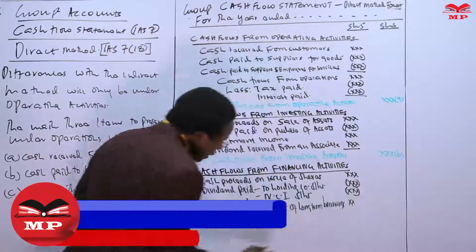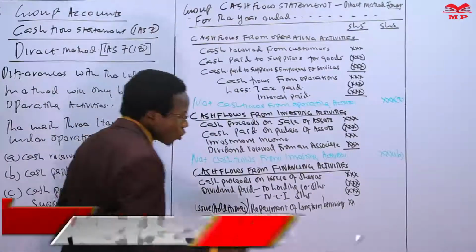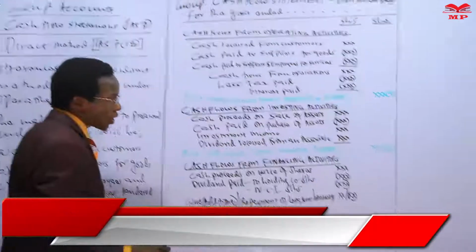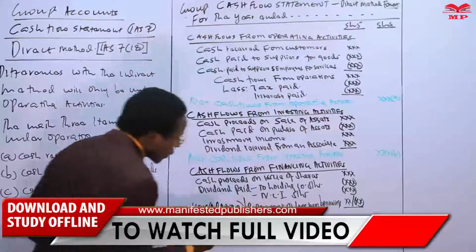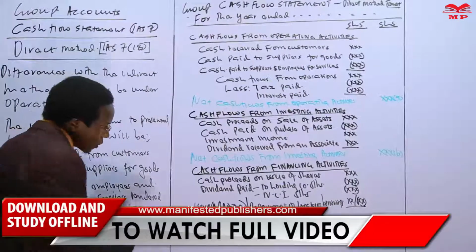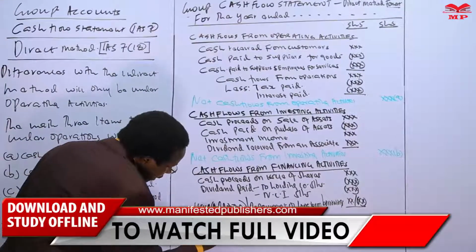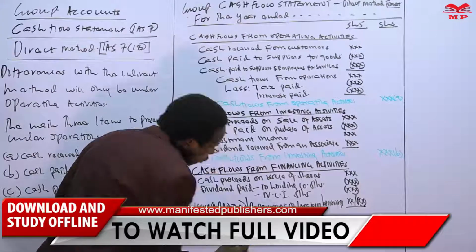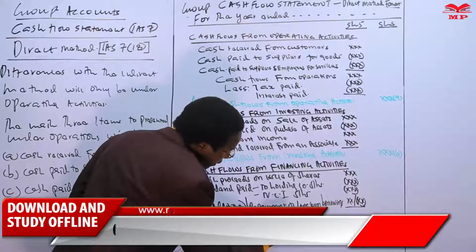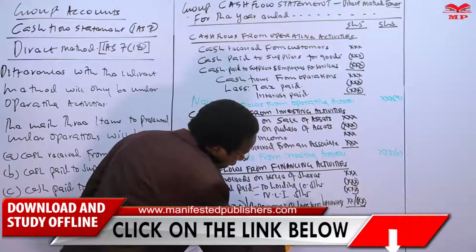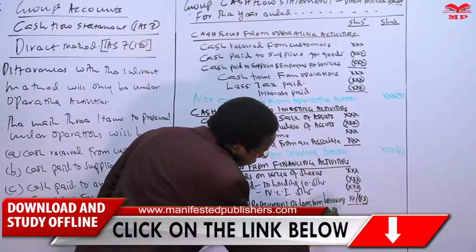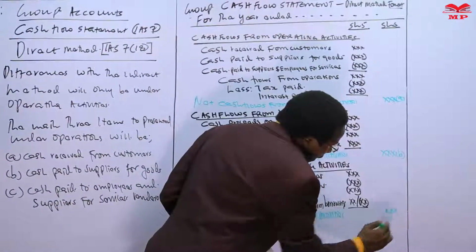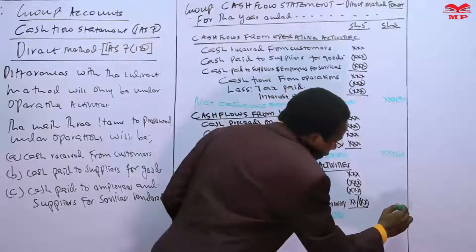If it's an issue or we have received additional, we have a cash inflow. But if it's a repayment, that's a cash outflow. Then, friends, we now get the net cash flows from financing activities. Now at that point, we recognize it here as item C.